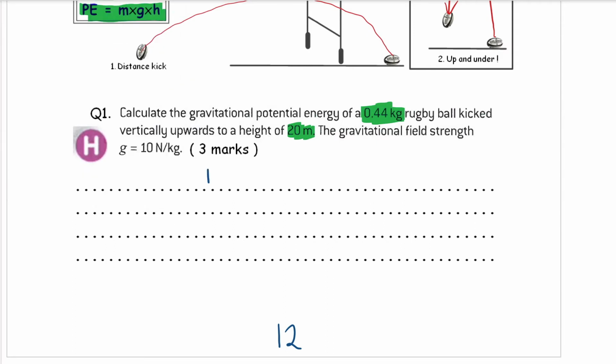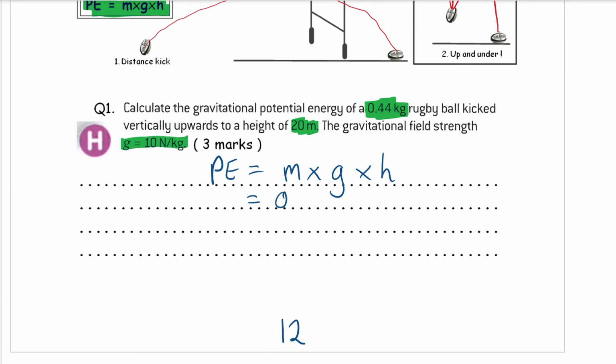So I'm just going to use the symbols, as you can see just at the top of the screen at the moment. mgh, m times g times h. The mass then is 0.44. You can see that's highlighted above. g, highlighted above, is 10.